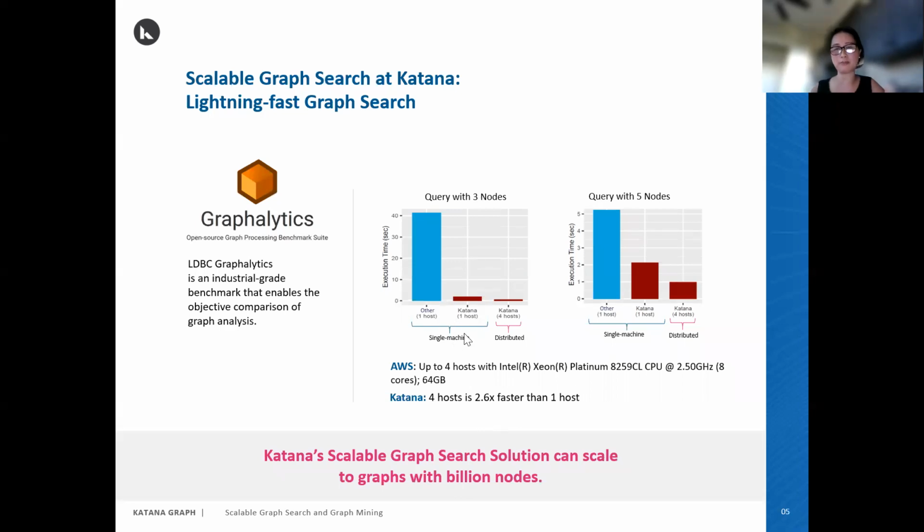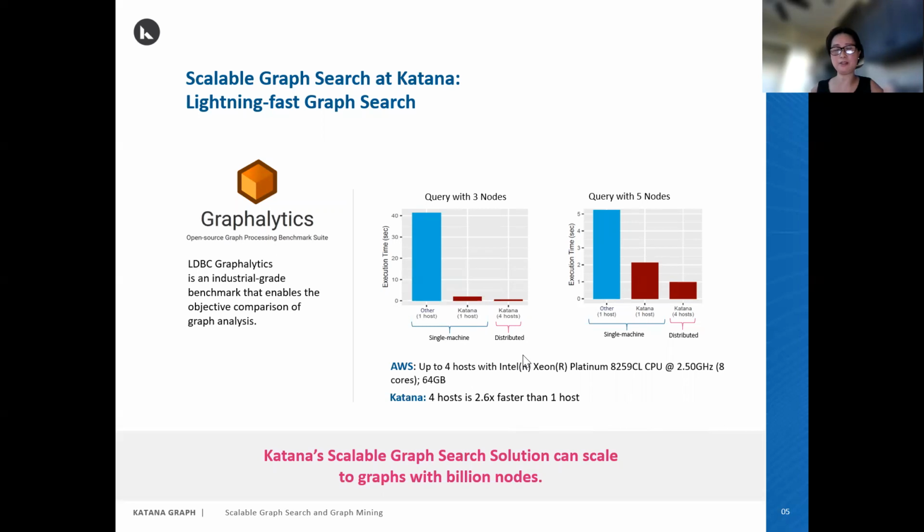Most graph providers actually provide a solution only on a single machine, not in a distributed manner. If we run everything on a single machine, with Katana Graph you can see an exponential improvement, reducing the search time, with queries on 3 nodes or on 5 nodes.